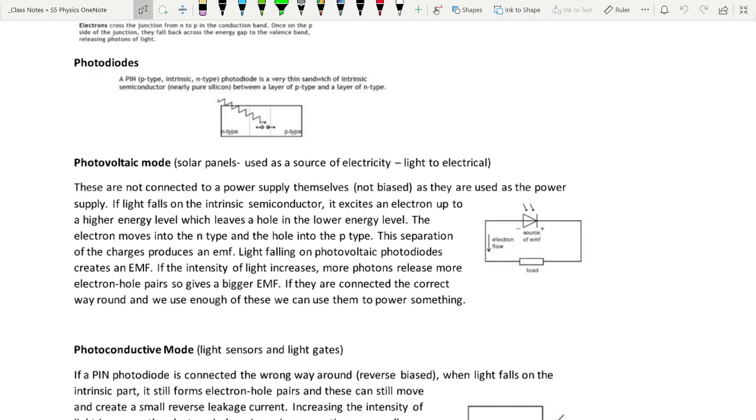So photodiodes aren't just PN junctions, they're what we call PIN junctions. So you've got P-type with an intrinsic semiconductor, so pure semiconductor in the middle, very thin piece, and an N-type next to it. So if light falls on the intrinsic semiconductor, it excites an electron up to a higher energy level, which leaves a hole in the lower energy level.